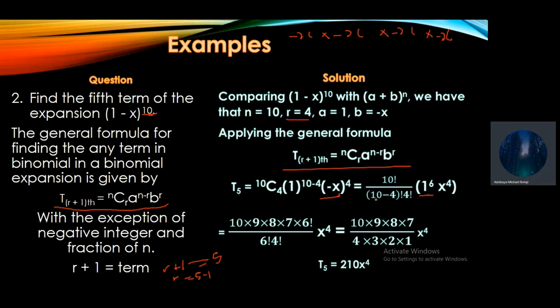Now 10 minus 4 will give us 6 factorial. So we break this 10 factorial to give 6 factorial. So we have 10 times 9 times 8 times 7 times 6 factorial. You see, this 6 factorial cancels this 6 factorial. What remains here? 4 factorial, right? So we can break this 4 factorial into 4 times 3 times 2 times 1. Is that okay? So 4 here 1, 4 into 8 is what?